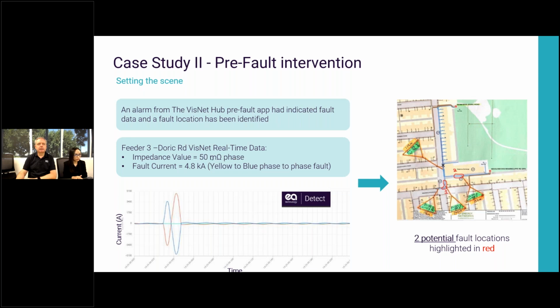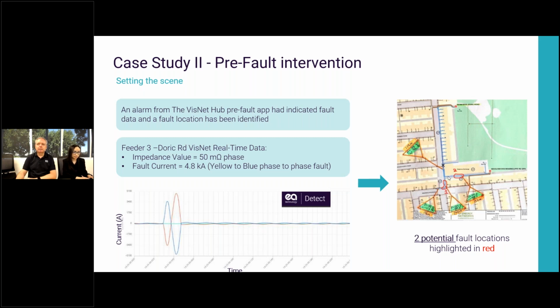The impedance to fault is 50 milliohms, and the fault current was about 4.8 kA. Again, it was a short period of time, so that may not have been enough to blow the fuse, but it is still a decent level of fault current that we can then use with a cable sniffer to identify.